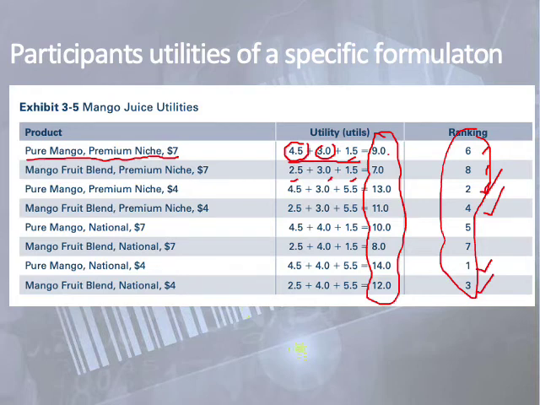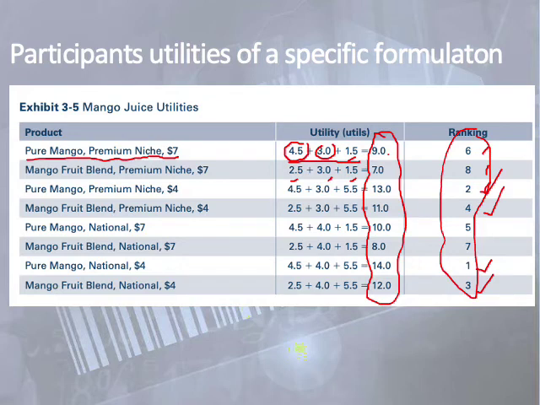Of course, in this example, they are the same, meaning the conjoint analysis validated the perception of your consumers, which states that they prefer pure mango juice offered on a national brand priced at $4.